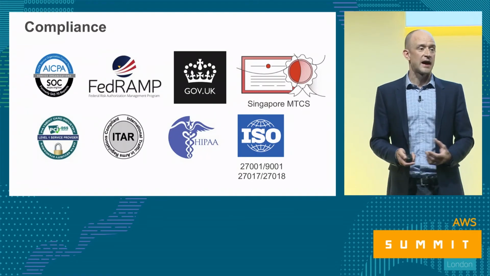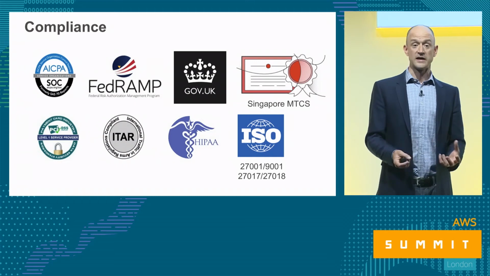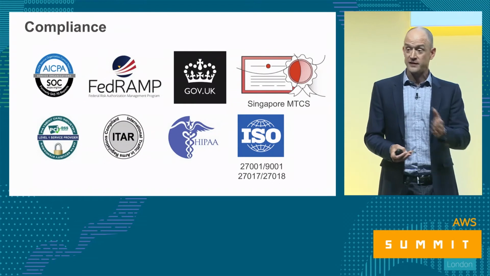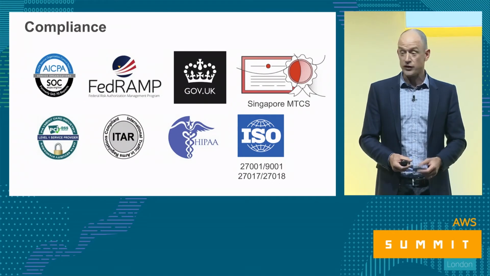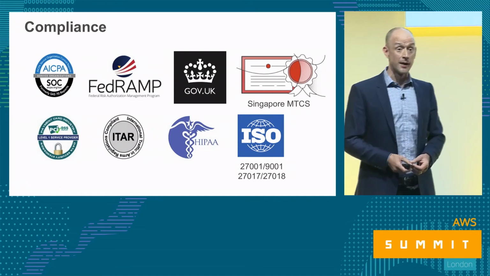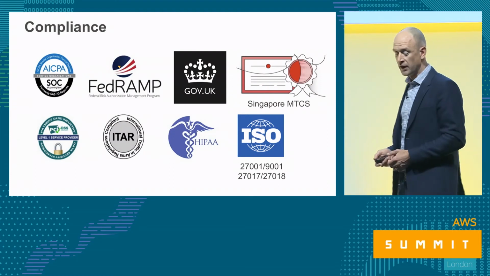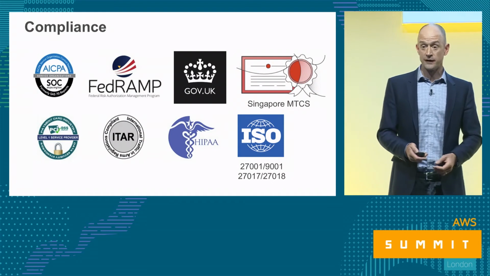Many of our customers have regulatory and compliance requirements, and the RDS teams have worked to get the RDS service and the different database engines certified on many of the standards that you see here today. Gov.uk is obviously very pertinent to our public sector customers. In the US, FedRAMP's important, and generally ISO 27001 is a recognized standard of quality.